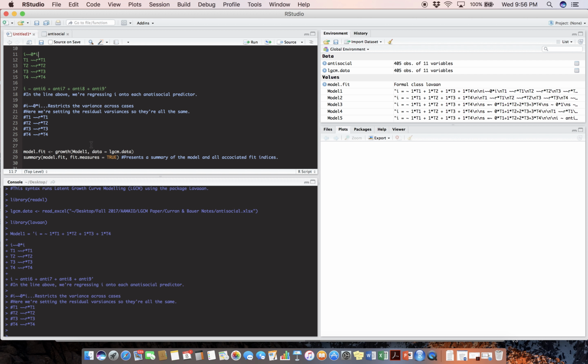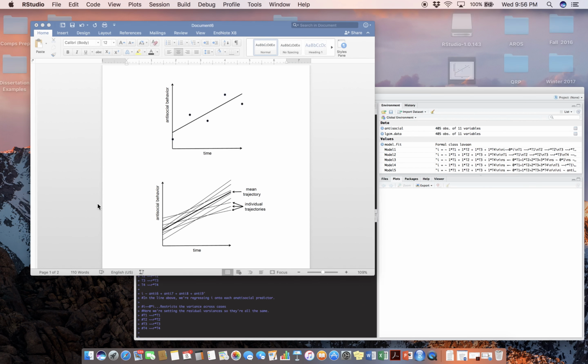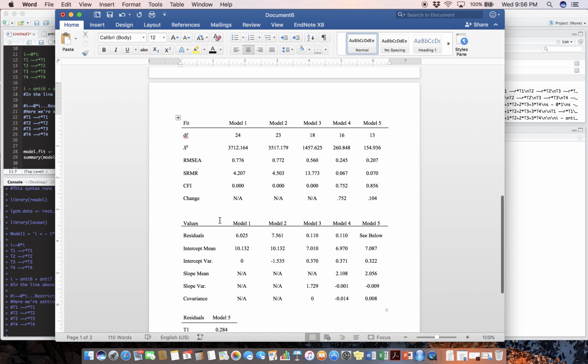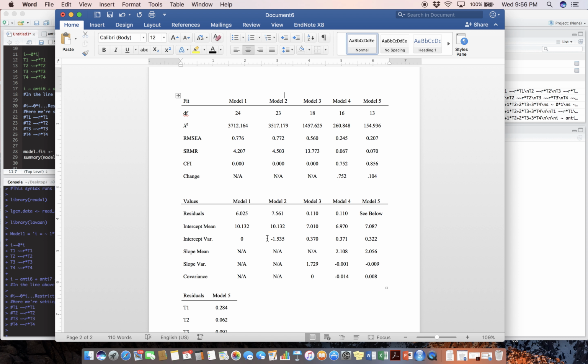All right. So now we're going to look at model fit, and I just included the table here so it's easier for us to compare. Ideally, because this model has all the constraints, we would expect this model to be really poor with respect to how well it approximates intra-individual change.